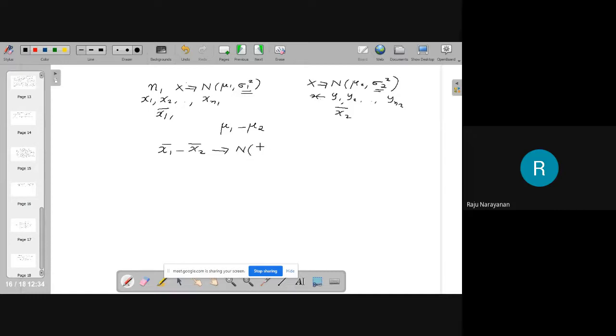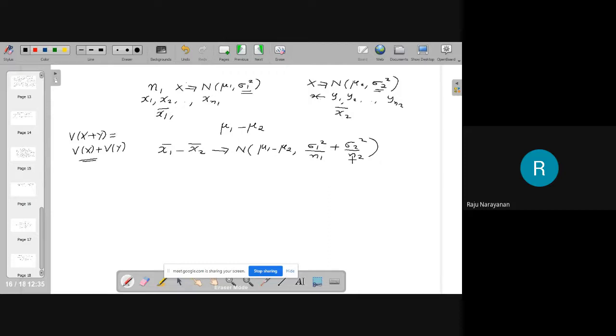It is again a normal distribution with mean mu1 minus mu2 and variance sigma 1 square by n1 plus sigma 2 square by n2. If these two populations are independent, then variance of x plus y is variance of x plus variance of y. Otherwise, you have to add a covariance term.